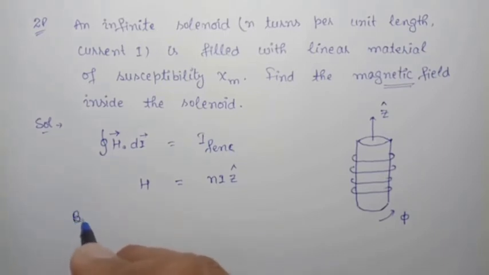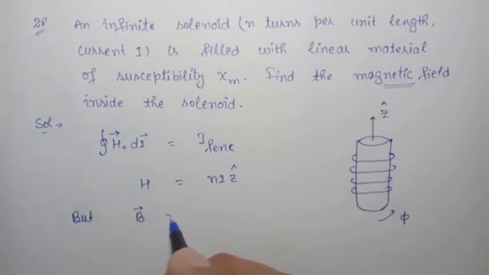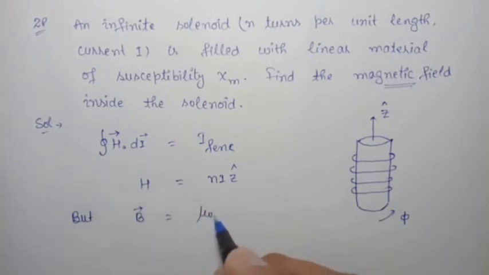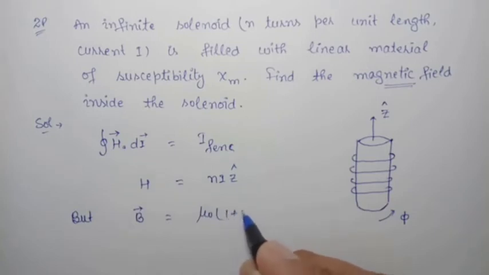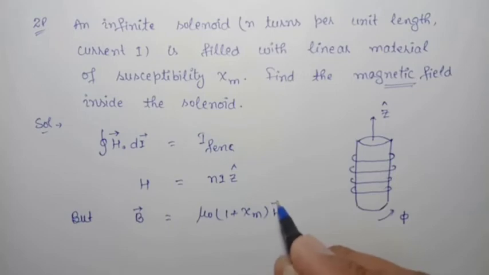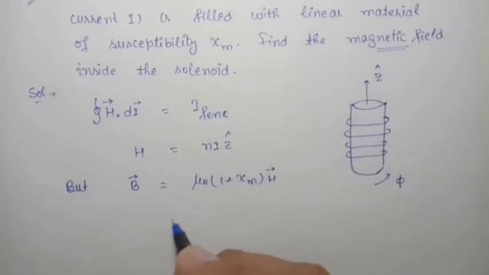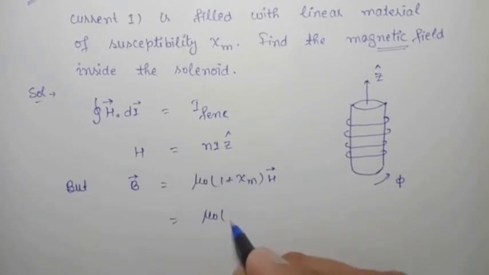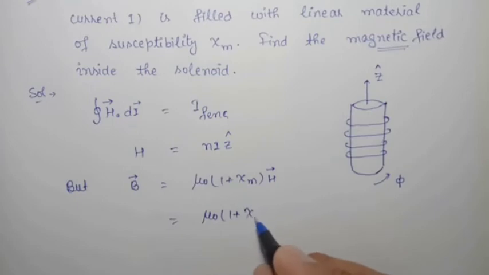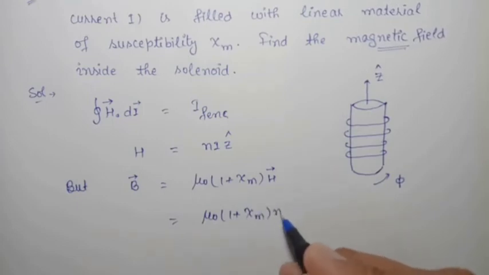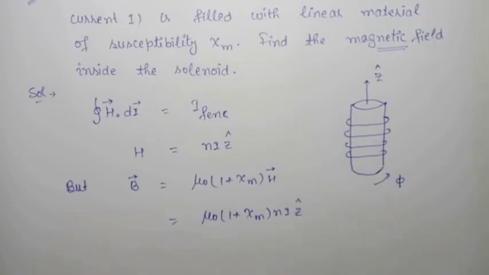But we know that B, the magnetic field, equals mu naught times (1 plus chi m) times H vector. So because H equals n I z cap, we can write mu naught (1 plus chi m) n I z cap.